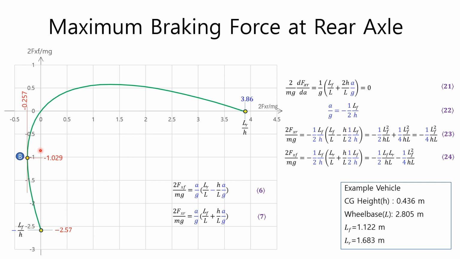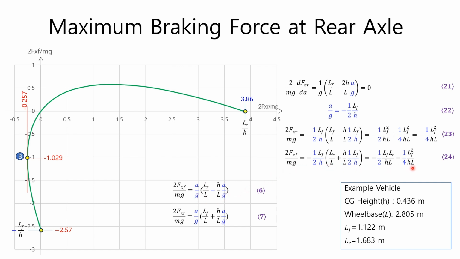As shown in the figure, this value is minus 0.257, which is the horizontal axis coordinate of point B. At this time, the vertical axis coordinate of point B represents the front wheel braking force when the rear wheels produce maximum braking force. The equation for this can be obtained by substituting the g-unit expression of equation 22 into equation 6, as shown in equation 24.